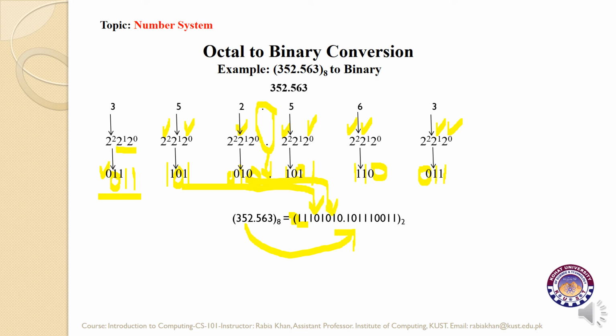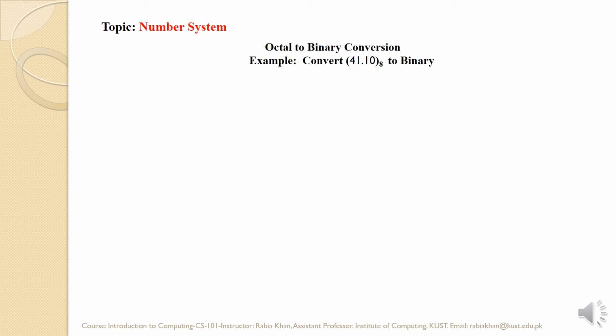Decimal point is at its place. Then 101, then 110, and the last bits are 011. So this is how we have converted the given complete octal number into binary number using the direct method.